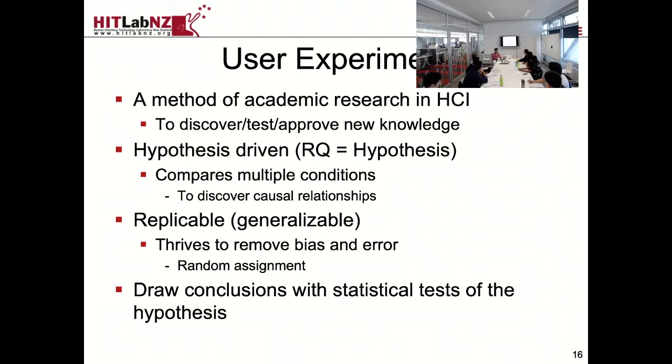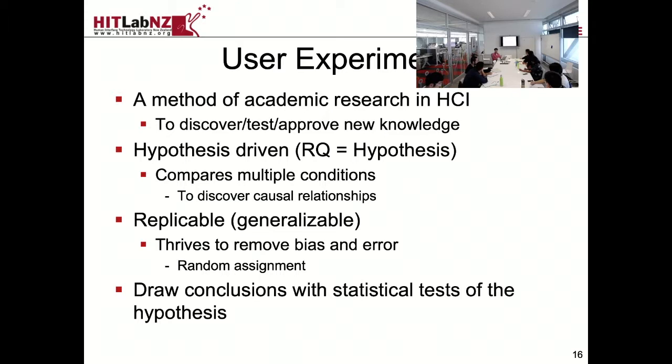So we want to have a very clear research question, and it should be represented with a clear hypothesis, right? And then your research, the user experiment, should be replicable. Last time we talked about how if some research cannot be replicable, it is useless.